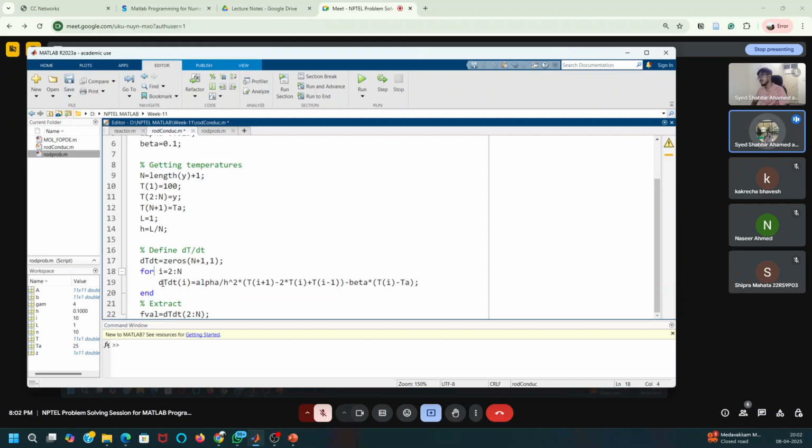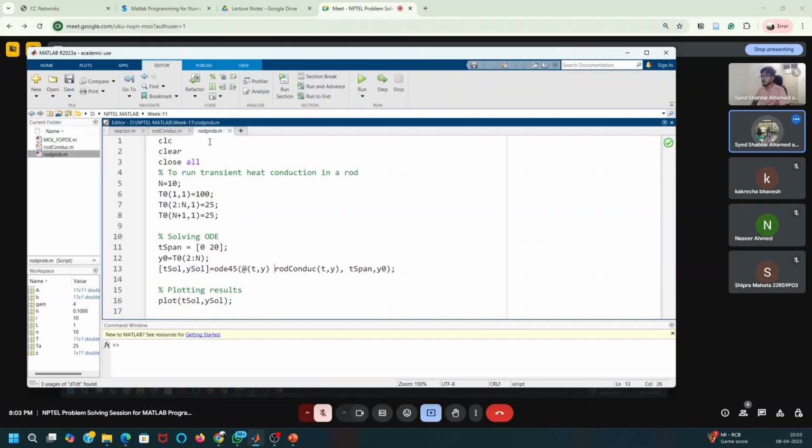For 2 to n, we have seen that we can discretize using the central difference scheme, and we will get this form. Then we extract dT by dt from the second node to the last but one node. So this function gives me all the differential equations for the differentiation of temperature with respect to time from the second node to the last but one node.